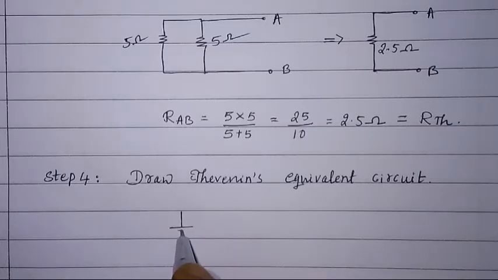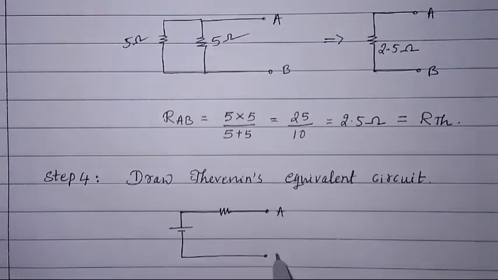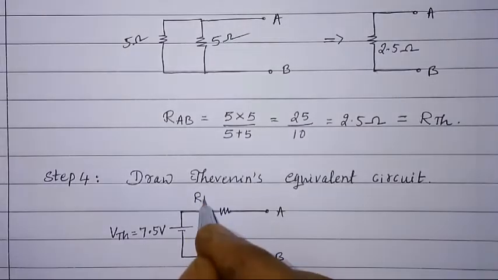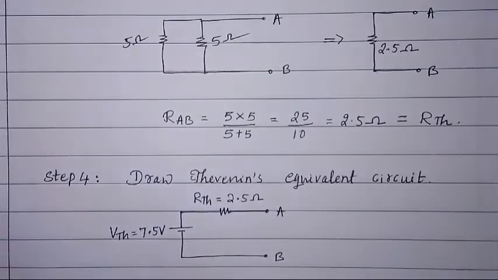It will have Thevenin's voltage source and Thevenin's resistance between terminals A and B. VTH equal to 7.5 volt, RTH equal to 2.5 ohms. To find the current through the 5 ohm resistor between A and B terminals, we have to reconnect that and then calculate the current. That we'll do in step 5.